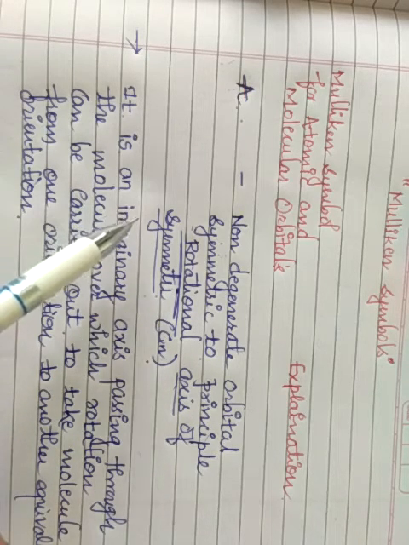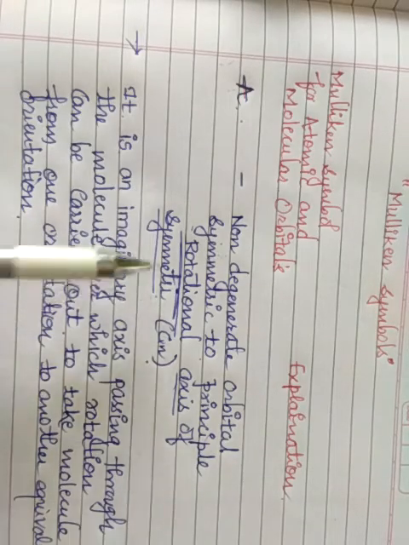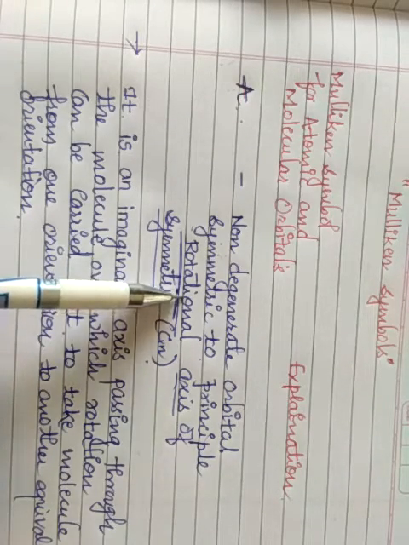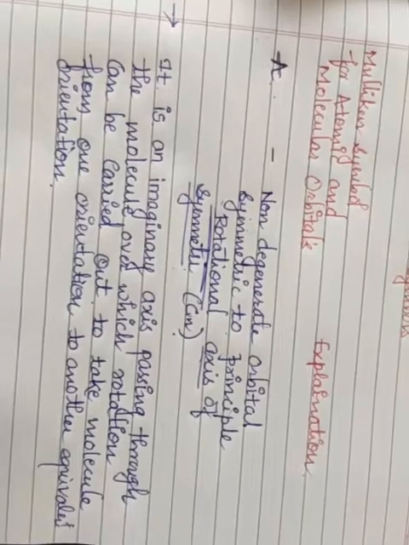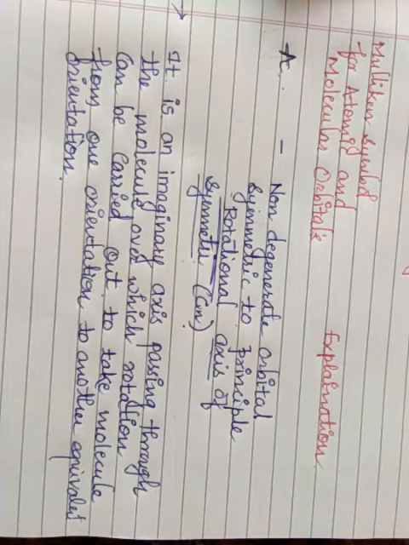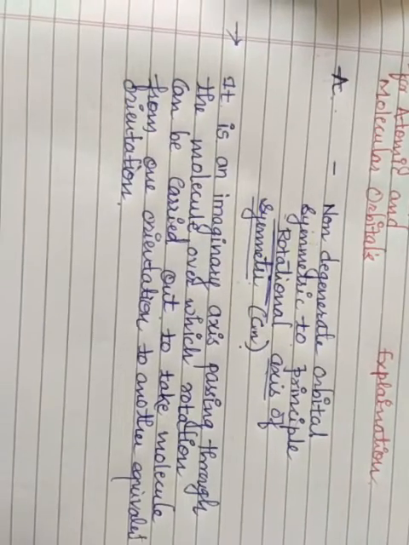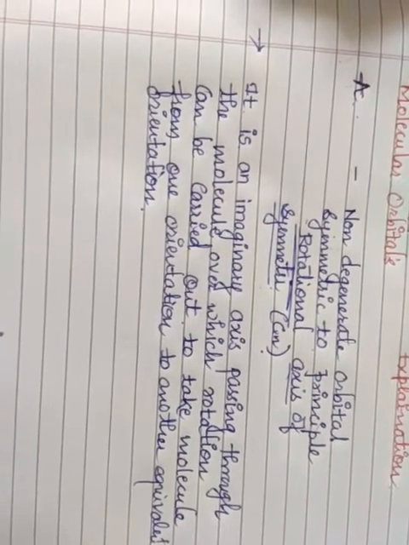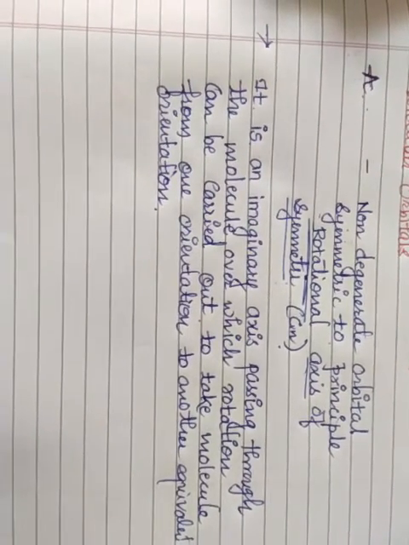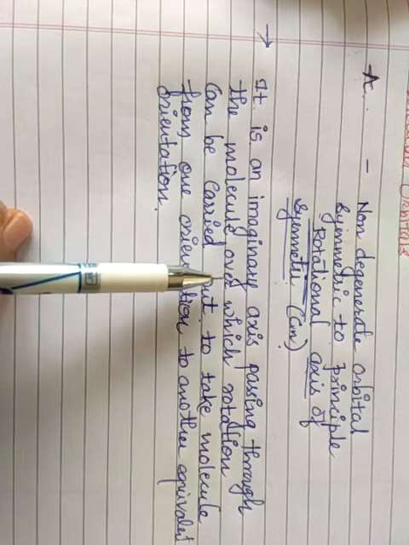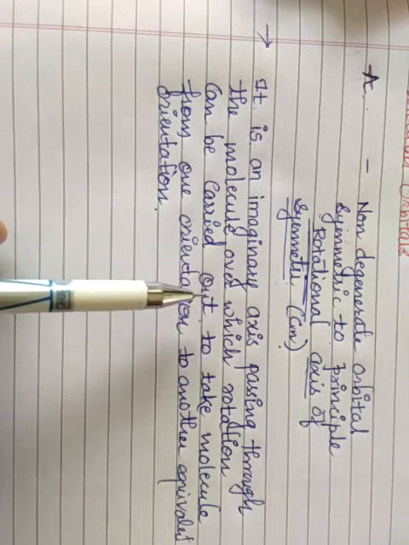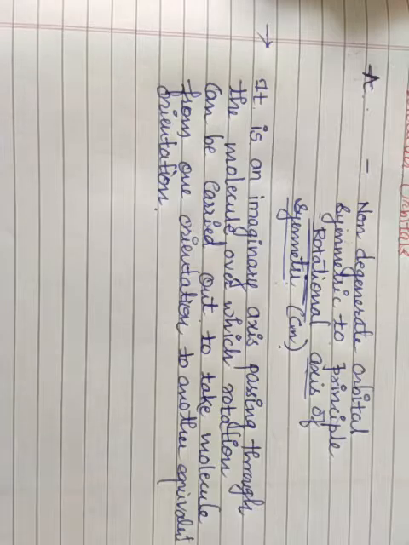Now the next question will arise: what is the meaning of this rotational axis of symmetry? I'll tell you the definition first, and then the meaning. This rotational axis of symmetry is an imaginary axis passing through the molecule.